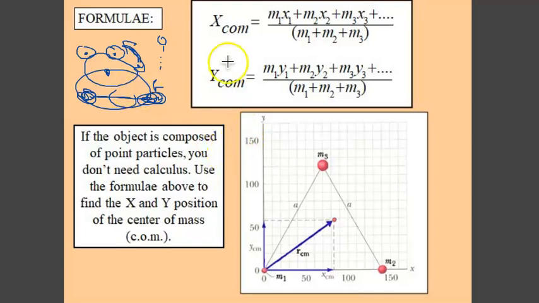Okay, so the formula, which is given on the AP formula sheet, and I will give it on a test if you need it, is the center of mass. This is a 2-dimensional picture, so it's going to have an X coordinate and a Y coordinate. So what we have here is 3 blobs. We're going to do the problem on the next page.